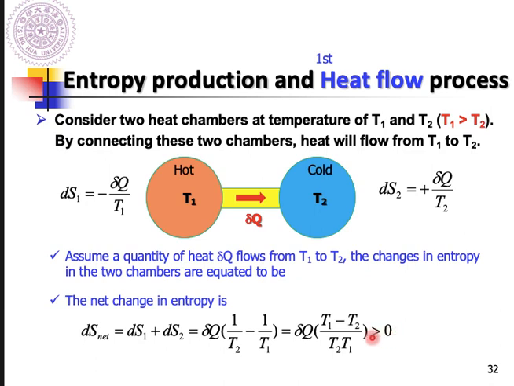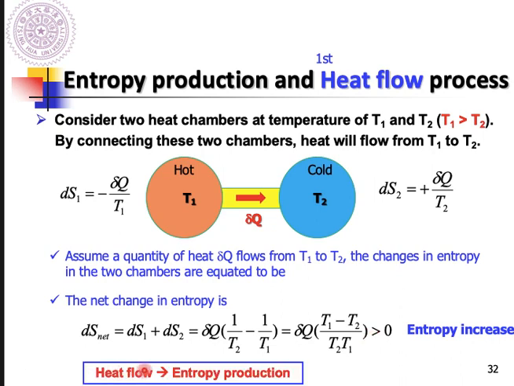So what does this result tell you? This result tells you the heat flow will generate entropy, or you can call it, will lead to entropy production. So in this case, we know the heat flow will cause entropy production. But don't forget, the purpose here is to show you the entropy production rate per volume, right?